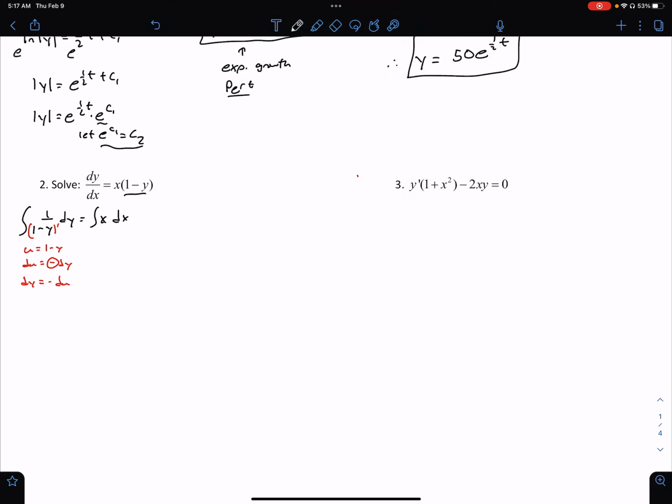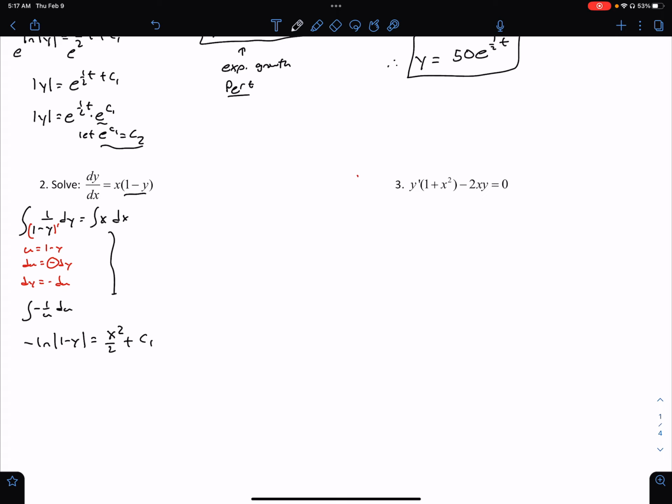When we rewrite our integral, we would get negative 1 over u du, and that becomes negative natural log, and we already know that u is just 1 minus y right there. Oh, that took a lot of work. Equals, and now we've got to do this one, x squared over 2 plus c1.